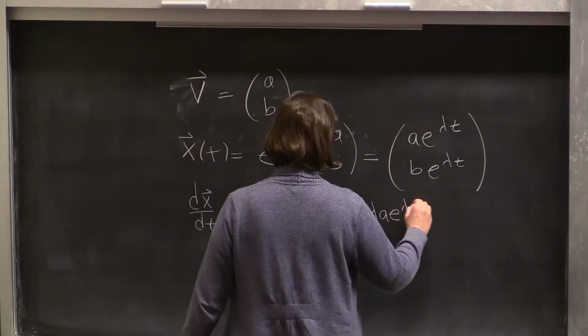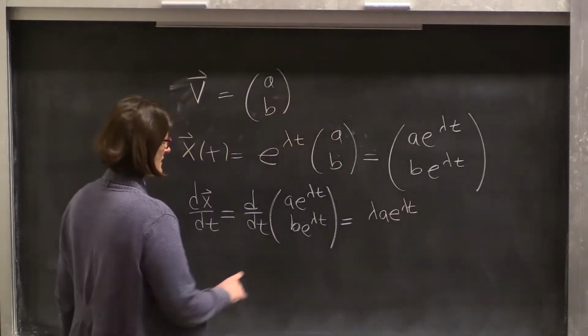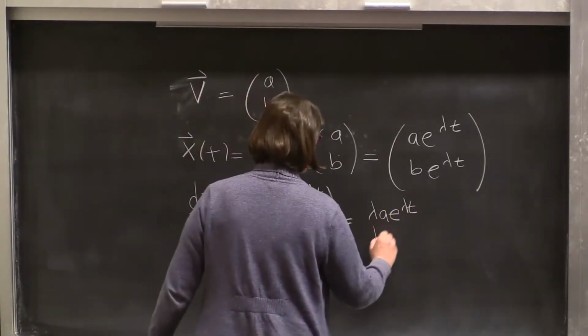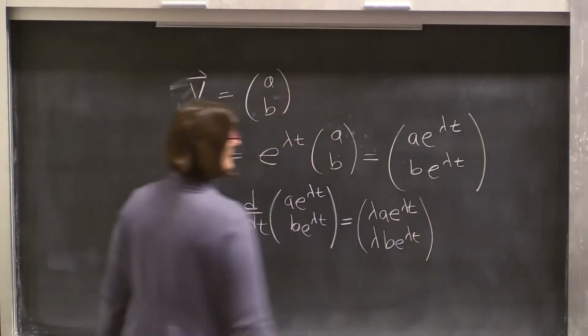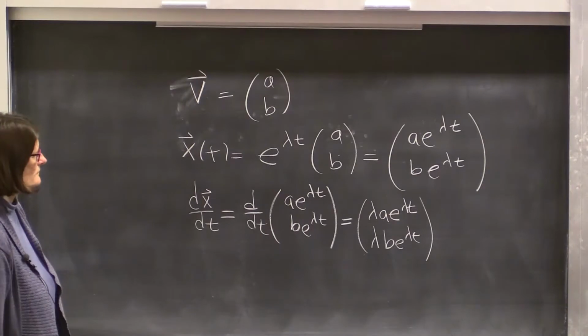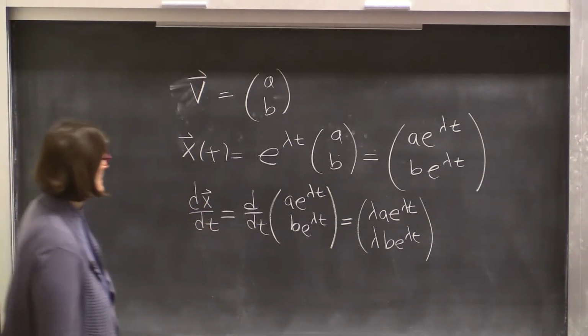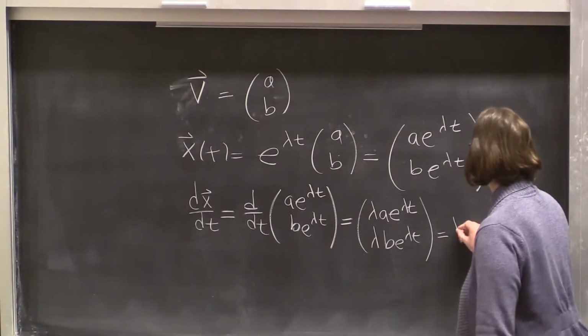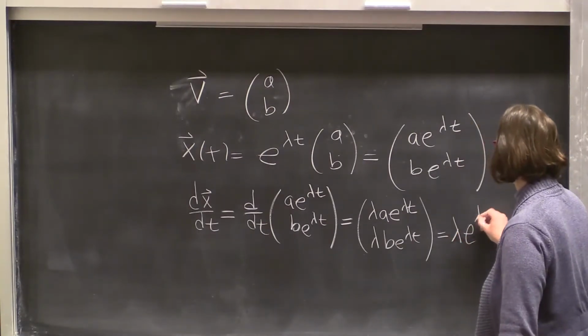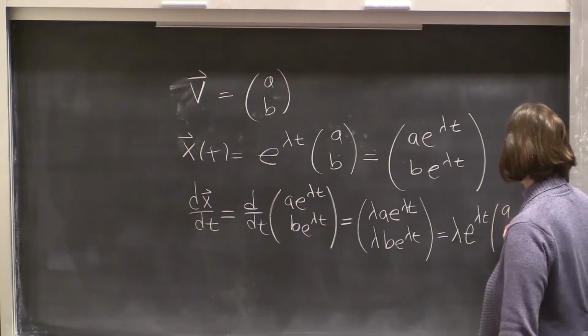Lambda a e^(lambda t) is the first entry. Lambda b e^(lambda t) is the second entry. I can factor out the lambda. I can factor out the e^(lambda t). So this is lambda e^(lambda t) times (a, b).